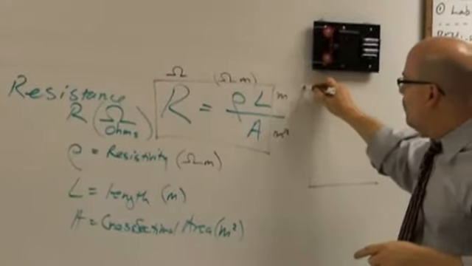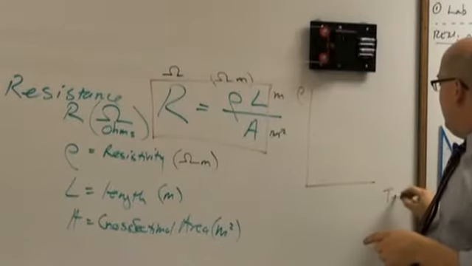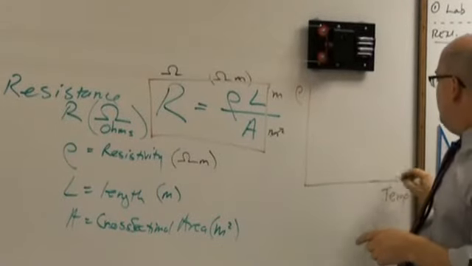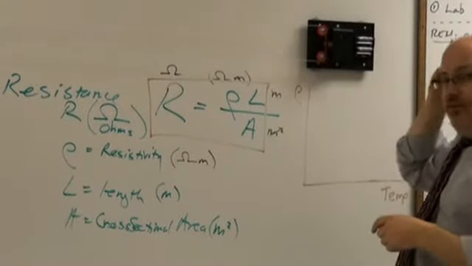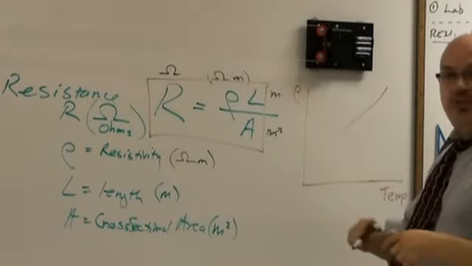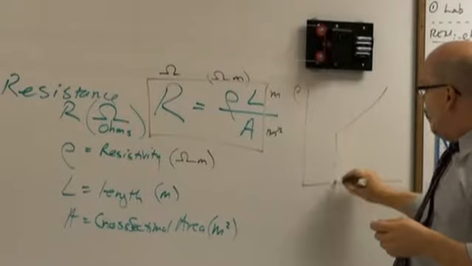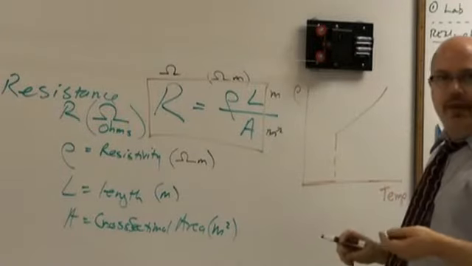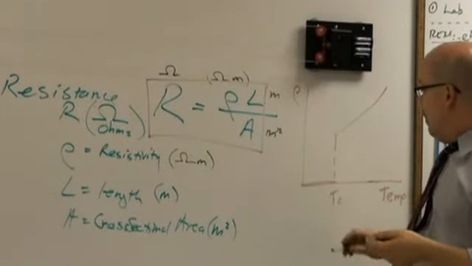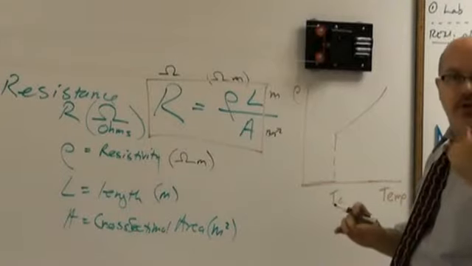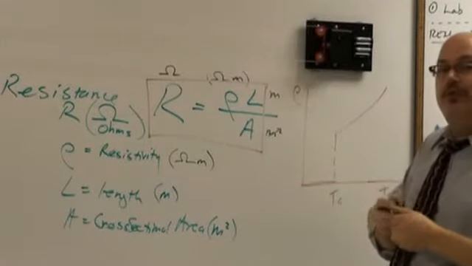If you graph resistivity versus temperature, you'll find that the resistivity decreases with temperature until you reach a magical point, like in a metal, where it drops to 0. That's the critical temperature where you reach superconductivity, where there's no resistance whatsoever.